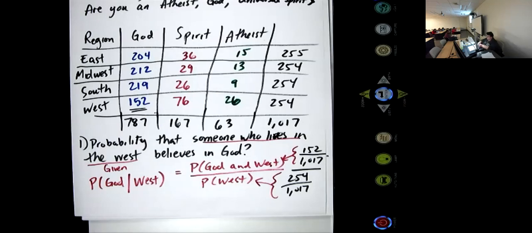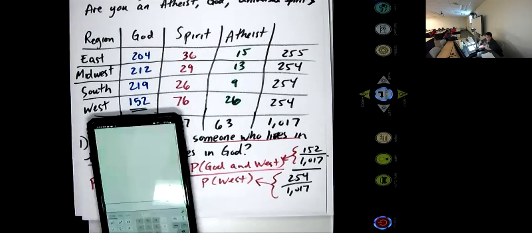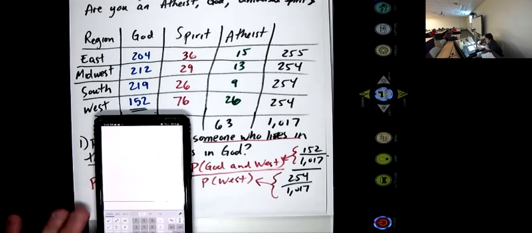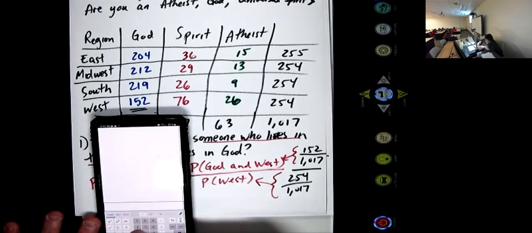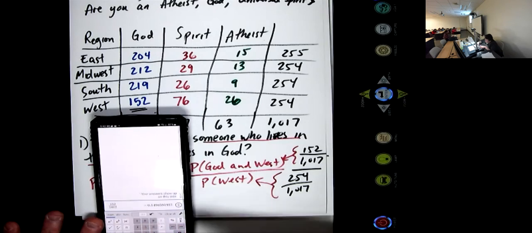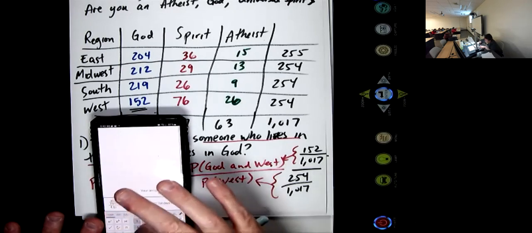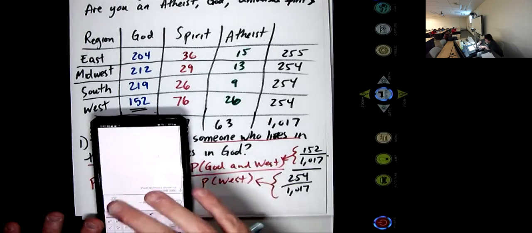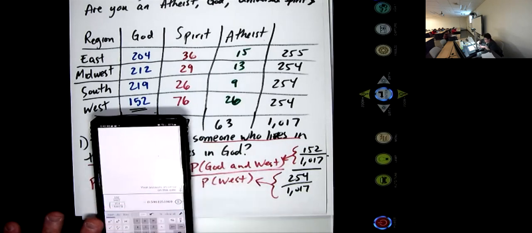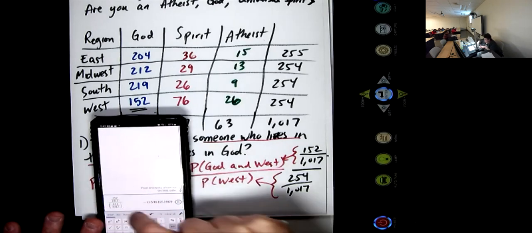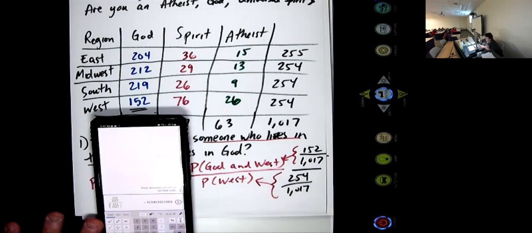Calculator, where are you? 152 divided by 1017 and divided by, I'm gonna do parentheses so that it doesn't mess up, 254 divided by 1017. And it's telling me 0.5984.